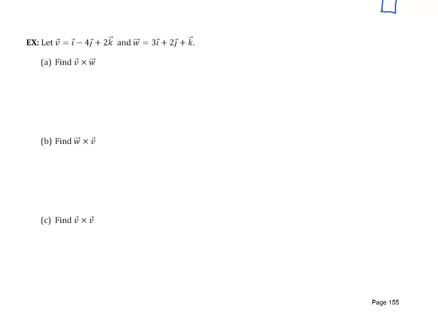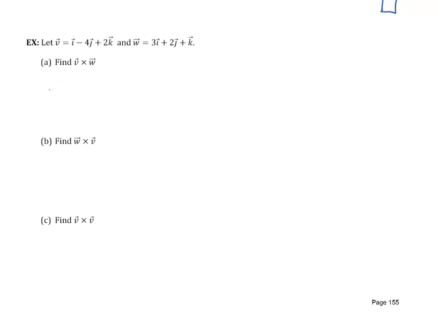All right, so let's go ahead and do this using the new formula. I have v is i minus 4j plus 2k. I have w is 3i plus 2j plus k.